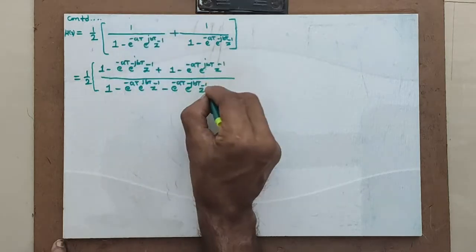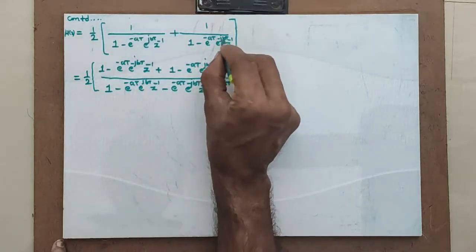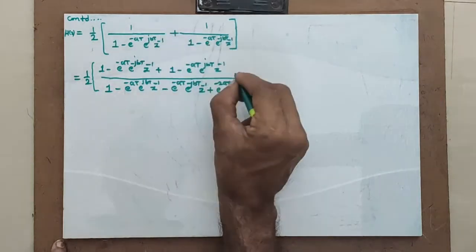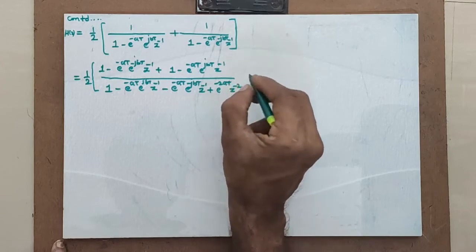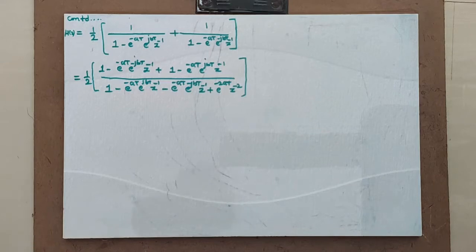This multiplication gives plus e raised to minus 2at, e raised to jbt and e raised to minus jbt cancel out, and z raised to minus 1 times z raised to minus 1 gives z raised to minus 2. The denominator is the same as in the previous example which you have seen.